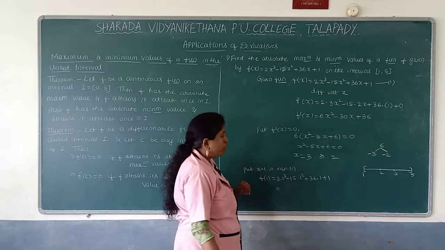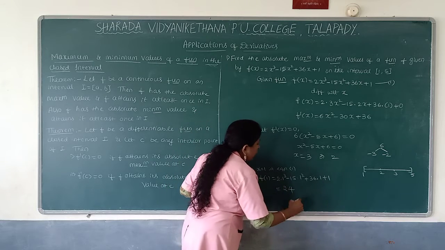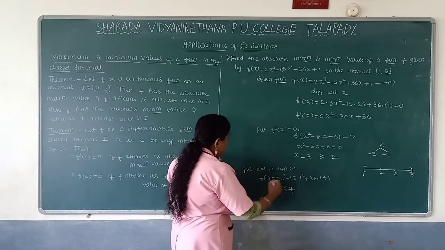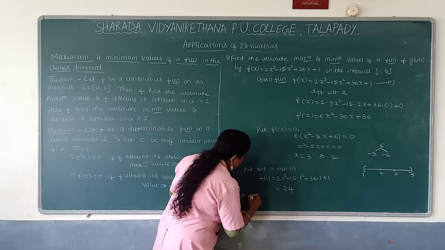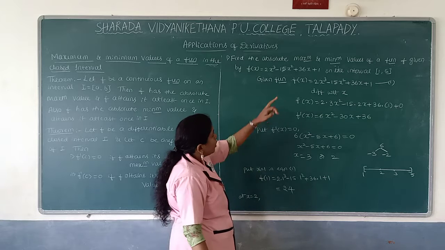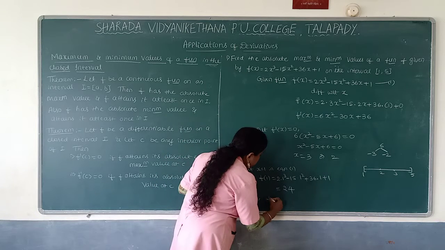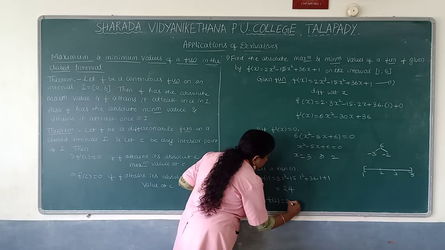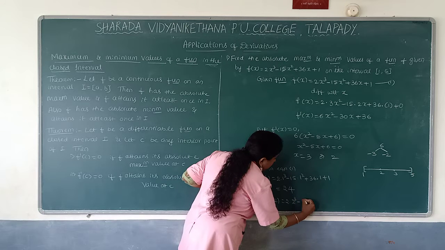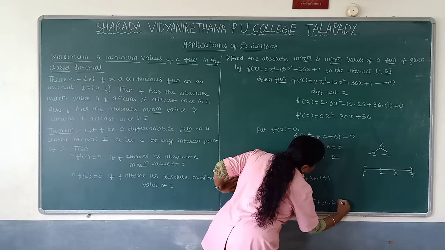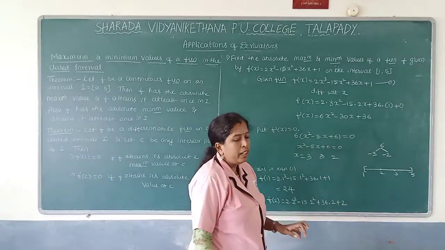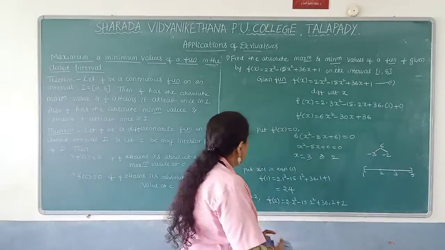Then simplify, f of 1 value is 24. Similarly, next we should calculate at x is equal to 2 in equation 1 only. Then we'll get f of 2 is 2 into 2 cube minus 15 into 2 square plus 36 into 2 plus 1. Simplify, we'll get f of 2 value is 29.